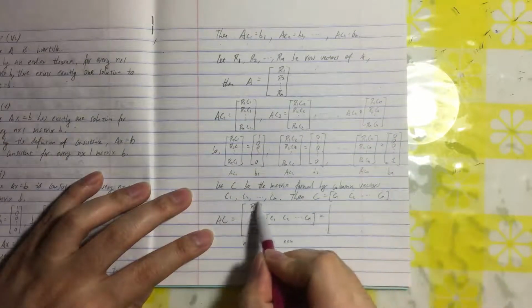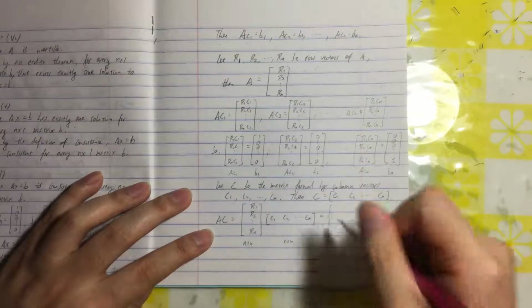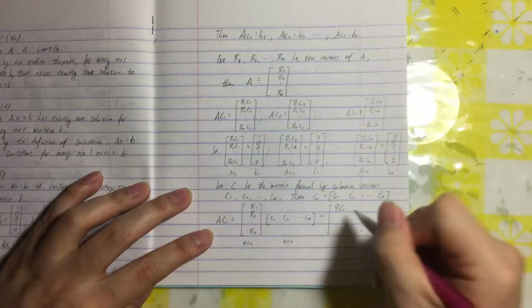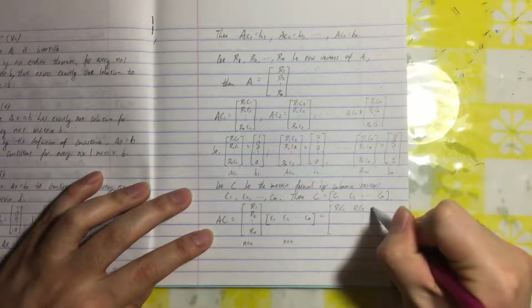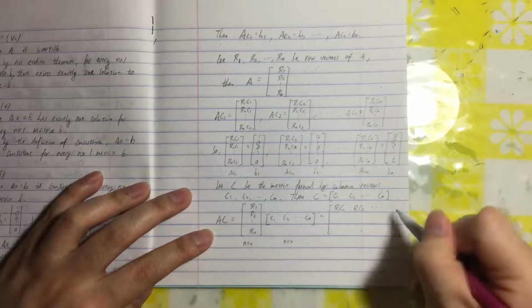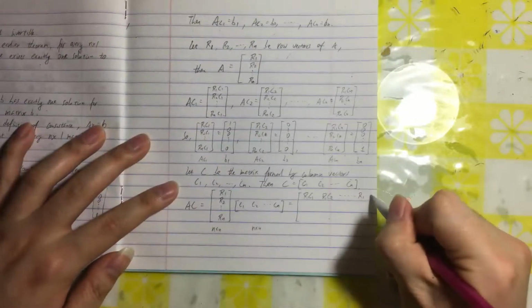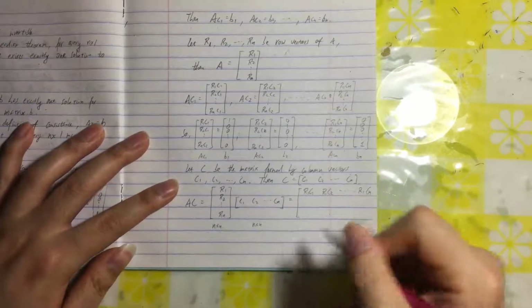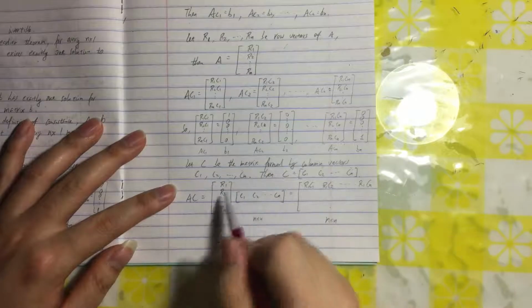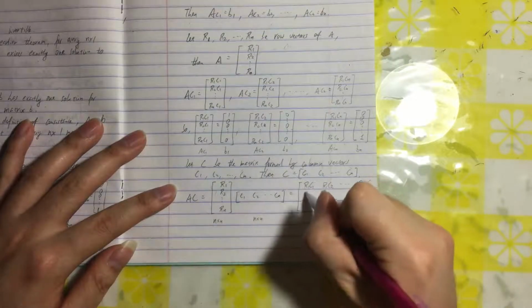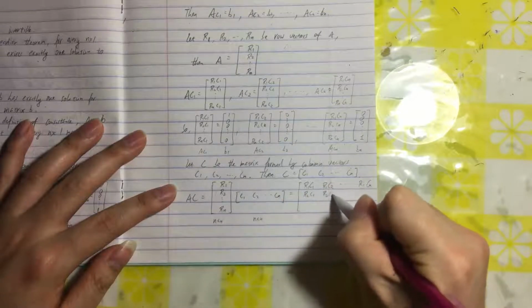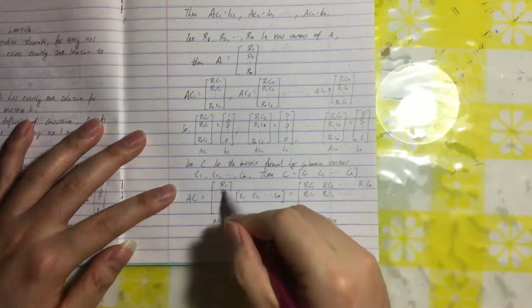So, row times column. First row times first column, I get R1, C1. First row times second column, I get R1, C2. Then, the last place, first row times last column is R1, Cn. That's the first row. Second row, R2 times C1, then R2 times C2, and continue, I get R2 times Cn.